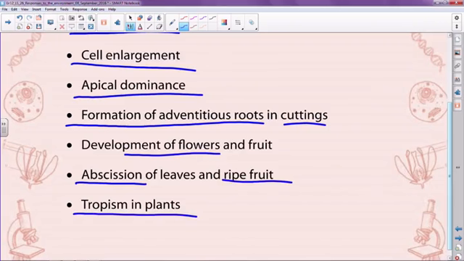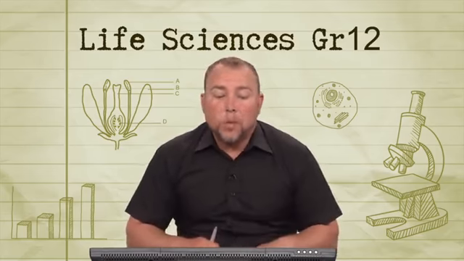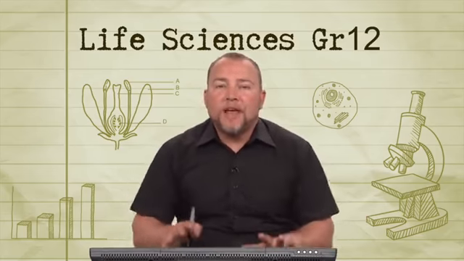In other words, how a plant moves. I'm not talking about a plant picking its legs, which are the roots, up out of the ground and running around. I'm not talking about that type of movement. I'm talking about how a plant grows according to light, gravity, or water. So those are the things that we're having a look at when it comes to auxin.